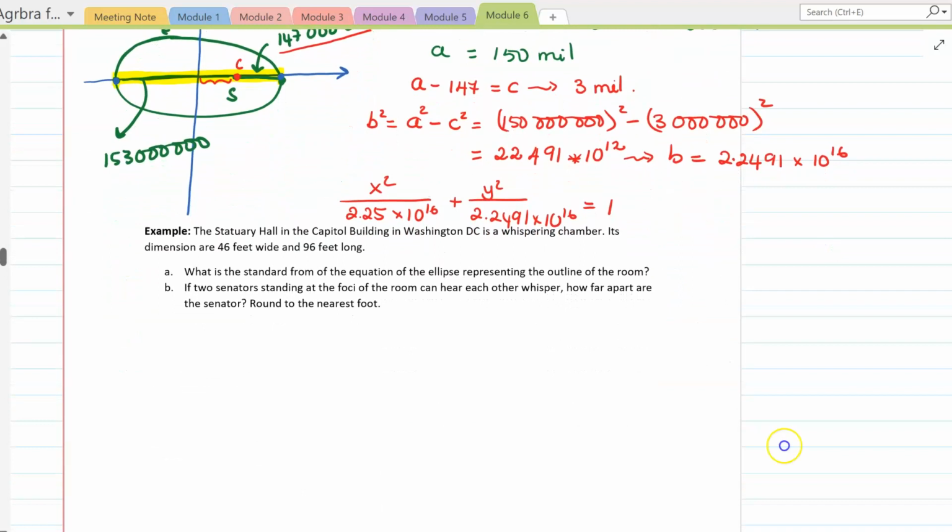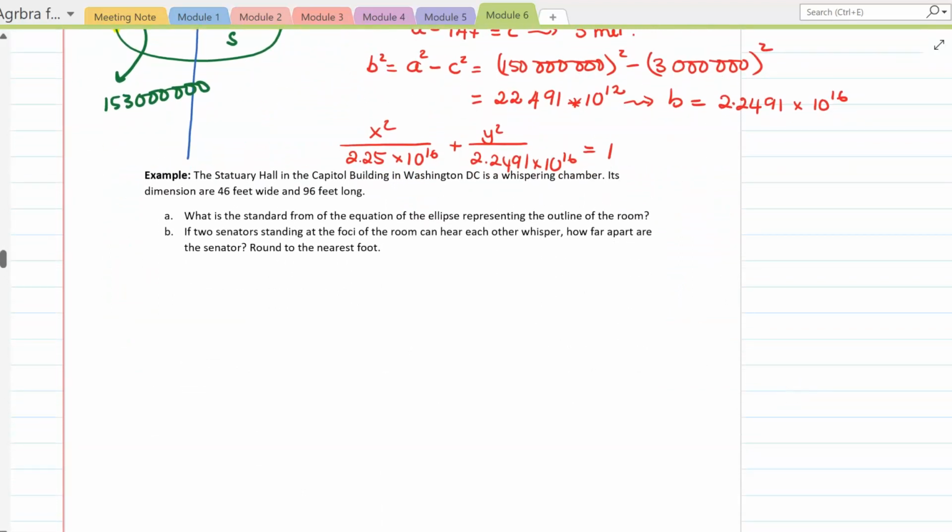The Statuary Hall in the Capitol building in Washington, D.C. is a whisper chamber. Its dimensions are 46 feet wide and 96 feet long. What is the standard form of the equation of the ellipse representing the outline of the room? Okay, so let's say we place the center of the ellipse at the origin.